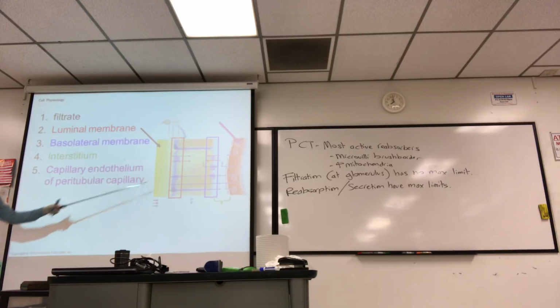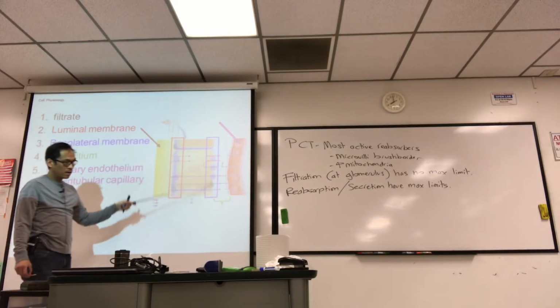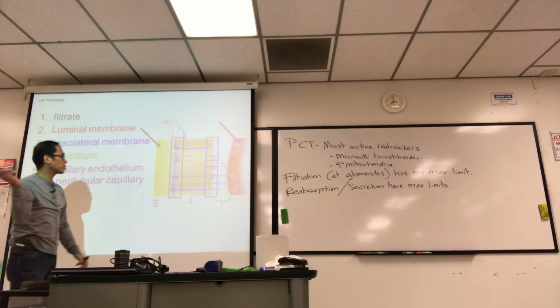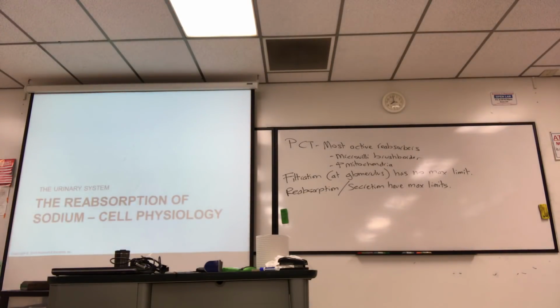The name of the cell membrane that faces the filtrate is the luminal membrane, because the lumen is the space for the filtrate to flow. The side opposite is basolateral. You also have the interstitium and the capillary endothelium to get across, but we're going to focus mainly on these two membranes. That's where all the cell work is done for the process of reabsorption by the PCT, which is the main thing I want you to know.